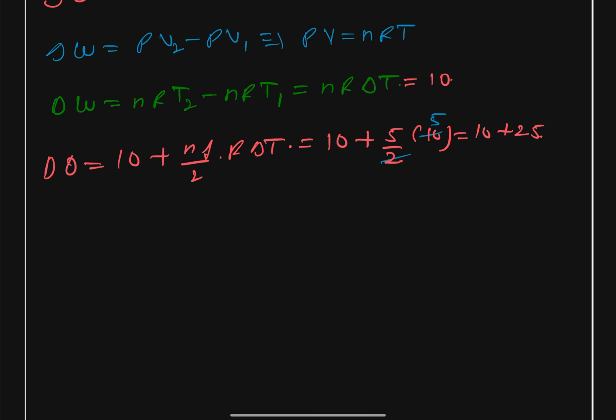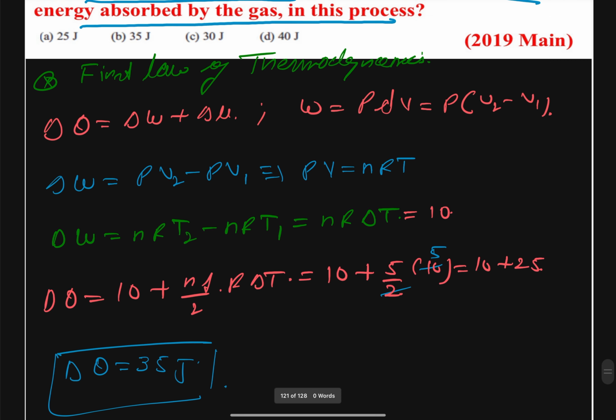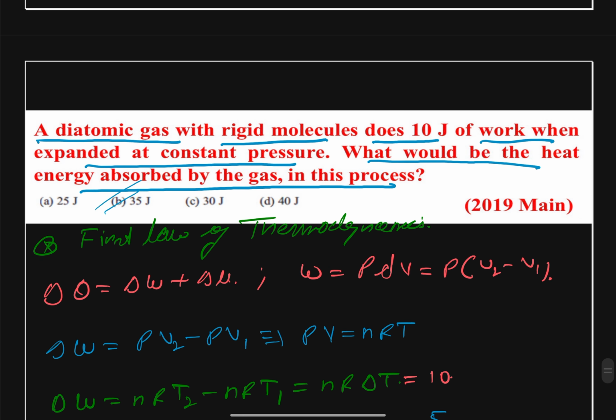So therefore we get delta of Q is equal to 35 joules. So your option B is correct.